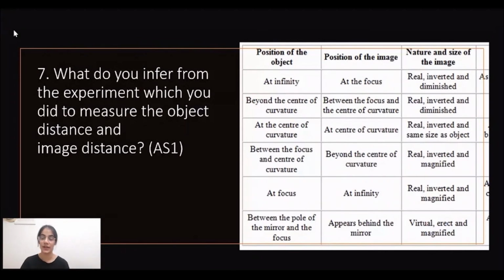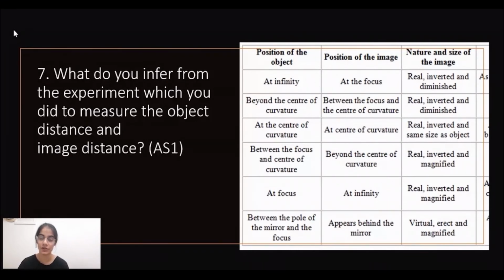So to summarize what the activity was to make you do: when the object, with the concave mirror in front of you, is at infinity, the position of the image will be at focus. It will be real, inverted, and diminished. If the position of the object is beyond the center of curvature, then the position of the image will be between focus and center of curvature. Again, real, inverted, and diminished.